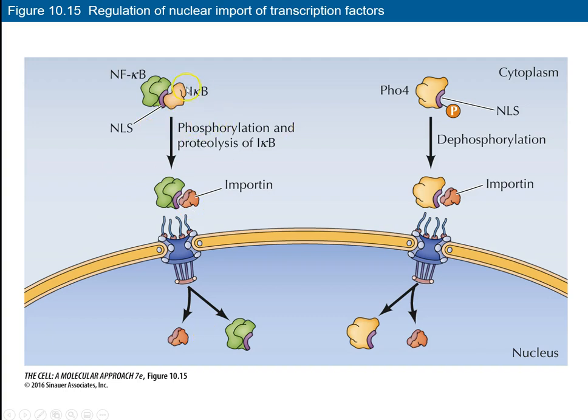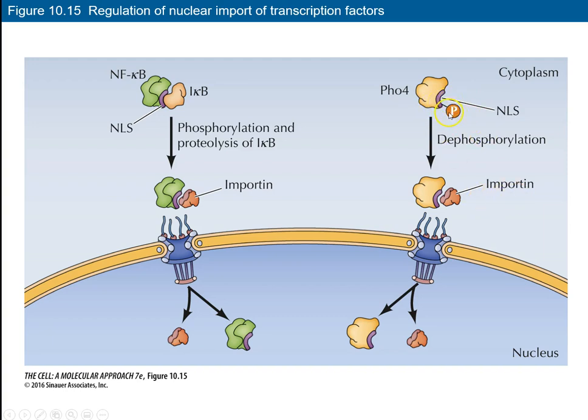Only if this gets phosphorylated, ubiquitinated, and degraded will an importin be able to bind to this NF kappa B and bring it in. Okay, here, it's phosphorylation right next to the nuclear localization signal that doesn't allow the importin to bind to it, because it changes the structure slightly.